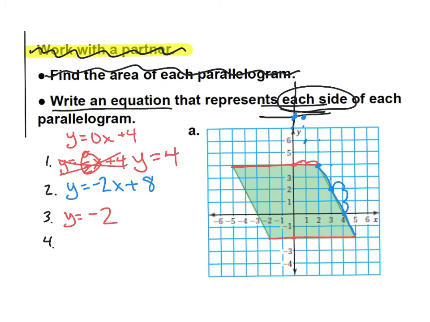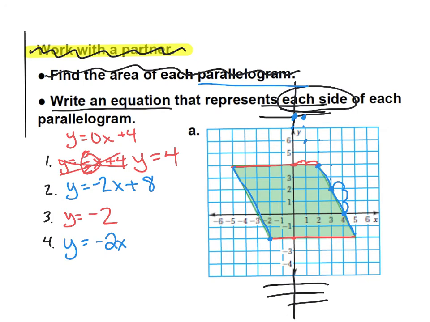My other diagonal line, I'm also going to have to do the same thing. But you notice it's a parallelogram, right? So these two are parallel. So I can already say that it's -2x. Now I just have to find where it crosses the y-axis. So again, you may have to add a few lines down here.